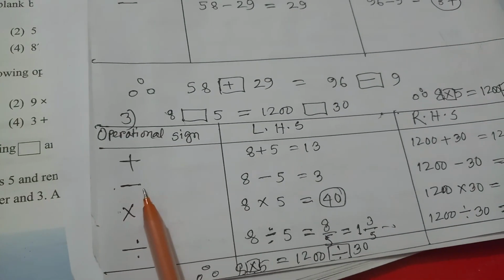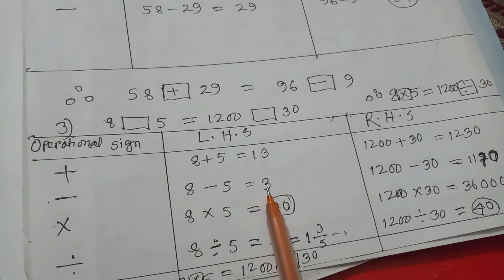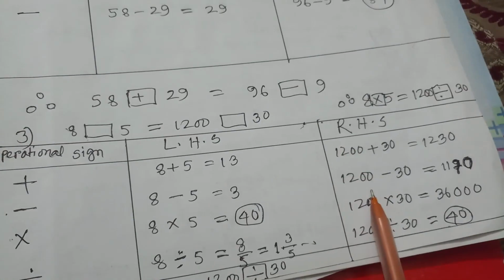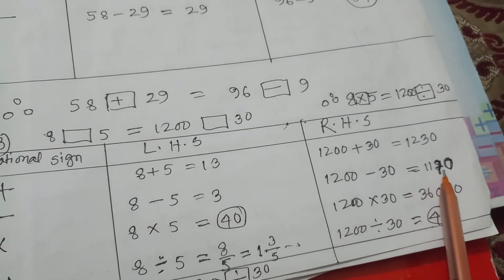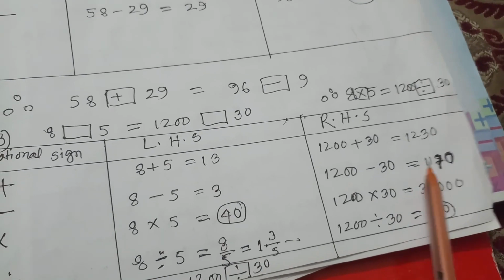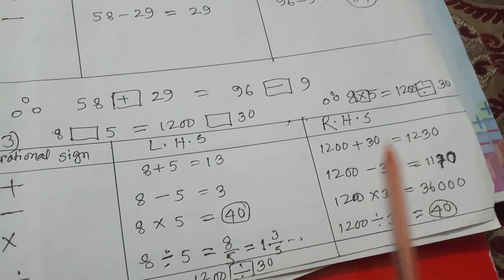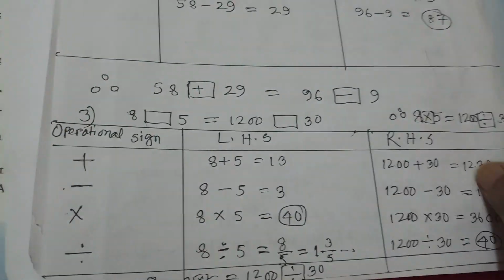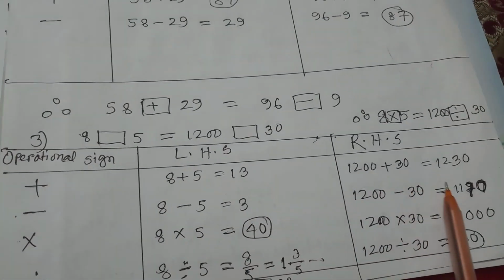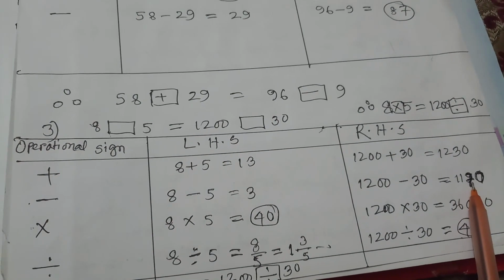For subtraction, 8 minus 5 equal to 3, and 1200 minus 30 equal to 1170. So for addition 13 and 1230 are not equal, and for subtraction 3 and 1170 are not equal.